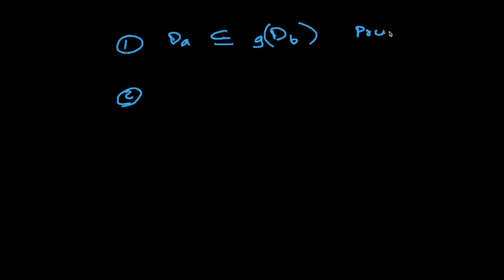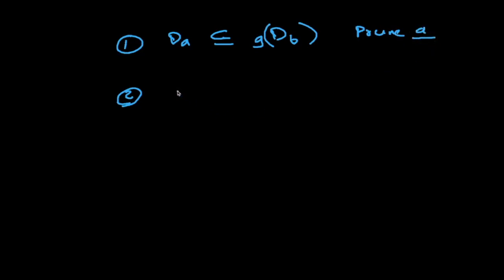Okay, so to conclude, we discussed two methods in which we can prune a particular node in our search tree, right? The first method is we look at the domains of the variables under that node, and we look at the domains of those variables for a different node under some permutation. If it happens that there is a subset relationship like this, in that case we can prune node A, right?